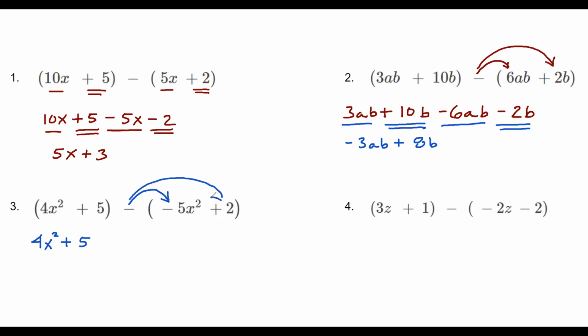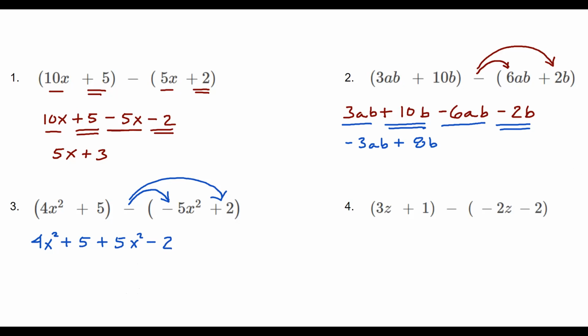Change the sign of this. So two negatives make a positive. So this becomes plus 5x squared. For the positive 2, we're changing that sign, so that's going to become negative 2 or minus 2.